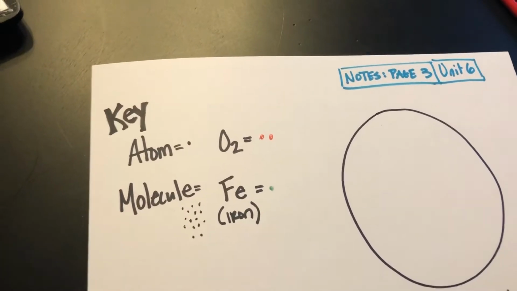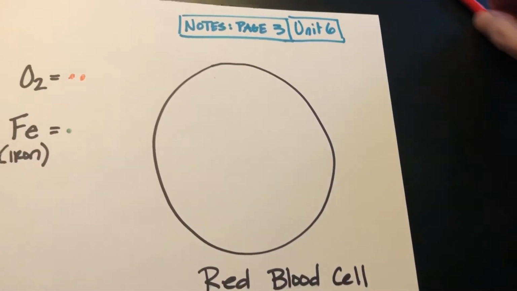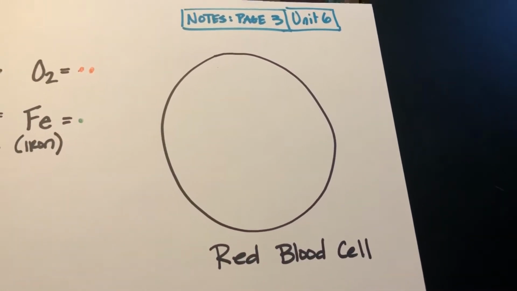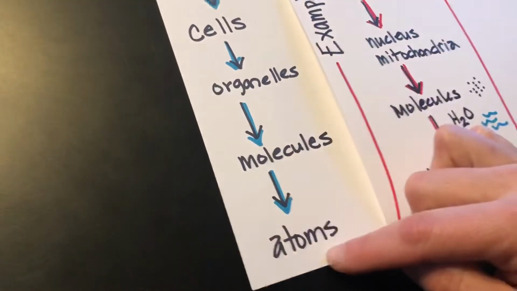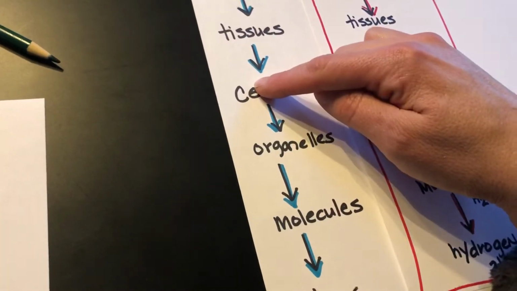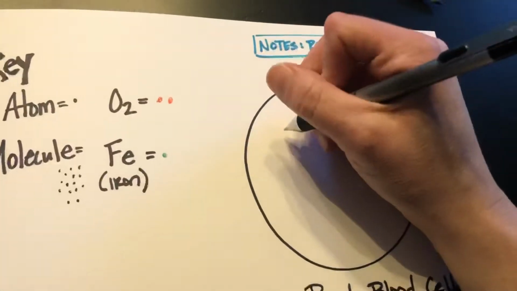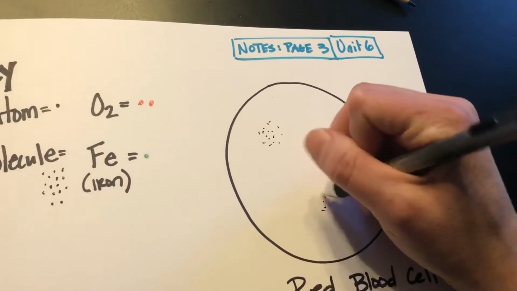Okay, so a red blood cell is jam-packed with about 300 million hemoglobin molecules. Okay, so let's go back over here. We're looking at molecules and atoms that are inside a cell. So what we're going to do is draw not 300 million, just 3 sets of hemoglobin molecules.